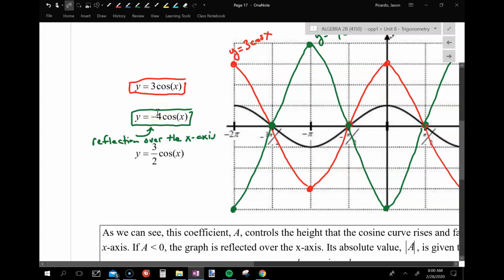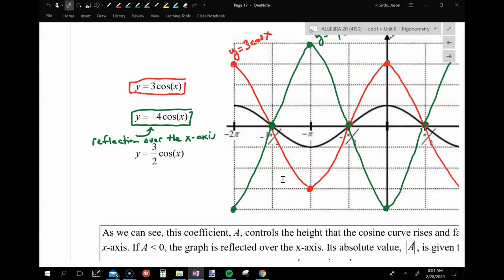The height is 4, it's just been reflected, okay? So when I ask you for an amplitude, you're going to give me one of two things. You're going to look at this number and give me the absolute value of it, or you're going to look at your graph and tell me what half of its height is. Make sense? Okay, you guys got the difference between the two, right?